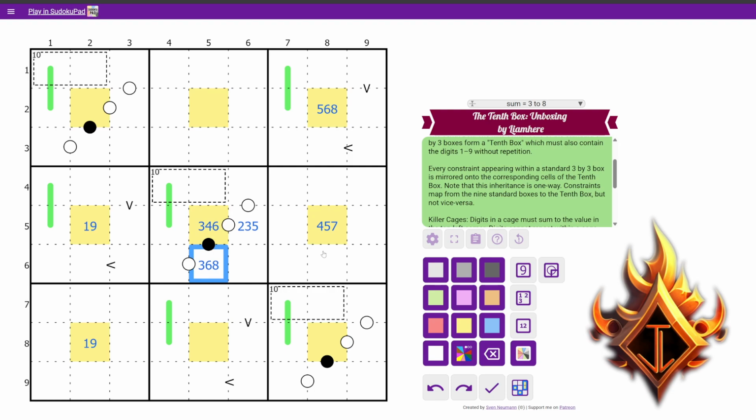So if this is 8, 4, 3, 2. If it is 6, 3, 2, 1.